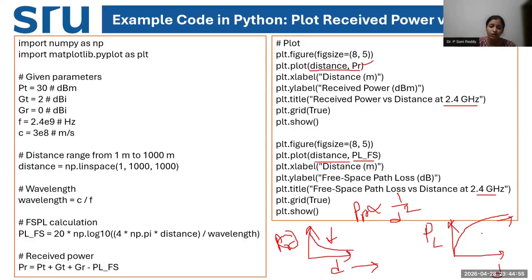So from here you can conclude that as distance increases, path loss also increases. This is how we evaluate the performance of a wireless communication channel, how it impacts the transmitted signal when it propagates through the channel, and how factors like antenna gain, frequency, and the distance between the transmitter and the receiver impact the received signal power.